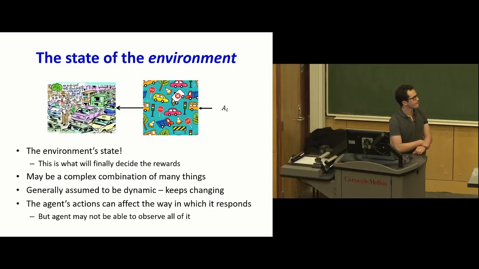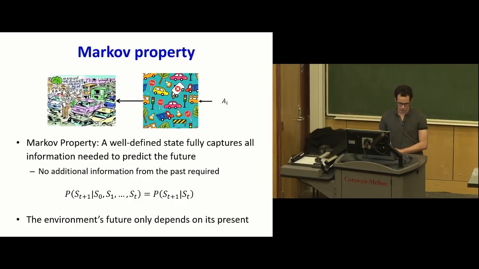But there is an important distinction that you have to make between the true state and the state that you're using. The true state you probably cannot observe at all, but you're still going to use a state in your model. So it's not a big deal if you can't observe all of it, as long as you've got the Markov property, which you're going to want.